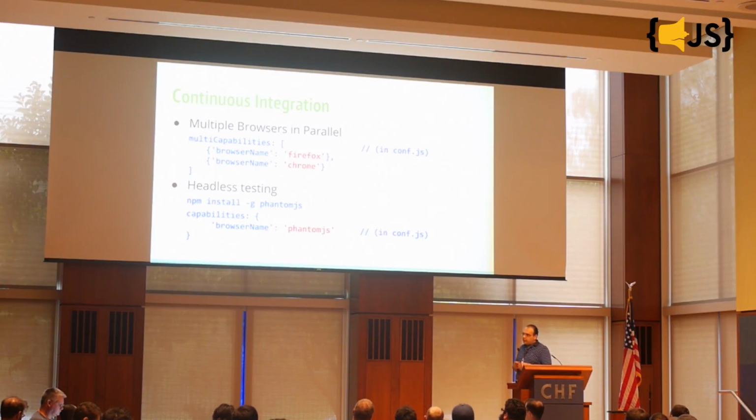So with Protractor, you can do this very simply by using the multiCapabilities property. This really is an array of key value pairs. Each key is actually a name value pair of the browser name, and you can indicate whether you want Firefox or Chrome.